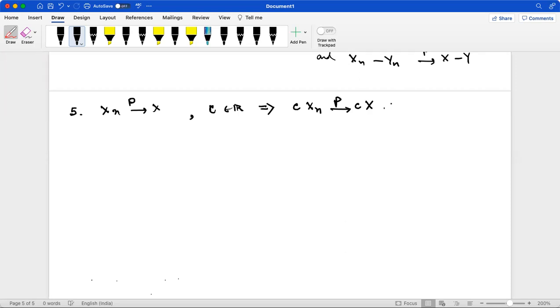So these are like real sequences. The sixth one is this: if xn goes to x in probability, then xn square, the transformed random variable, goes to x square in probability.